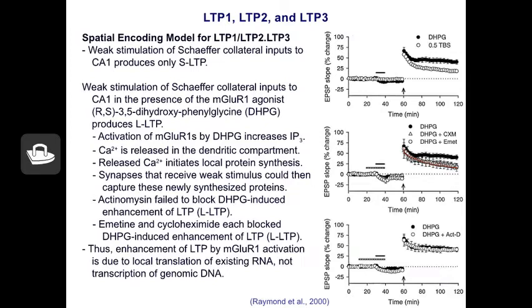And you can see on the bottom graph that actinomycin had no effect. And so this suggests that the effect of activating mGluR1 receptors was to induce local protein translation, not genomic signaling.